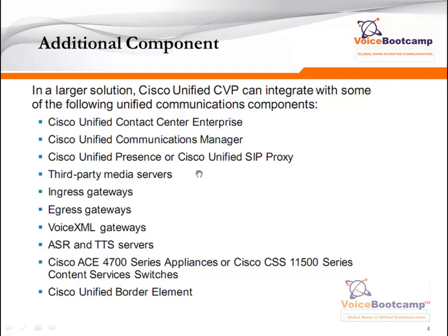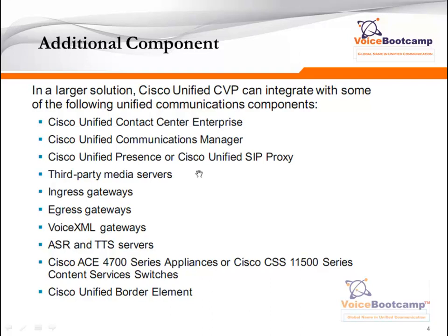Unified presence, or proxy, for routing calls through proxy servers. Third-party media servers, which are used for holding, let's say, prompts as well as media files. An ingress gateway for receiving calls from the caller, and an egress gateway, which is an IOS gateway, can be used to send calls to the PSTN, maybe another branch office.